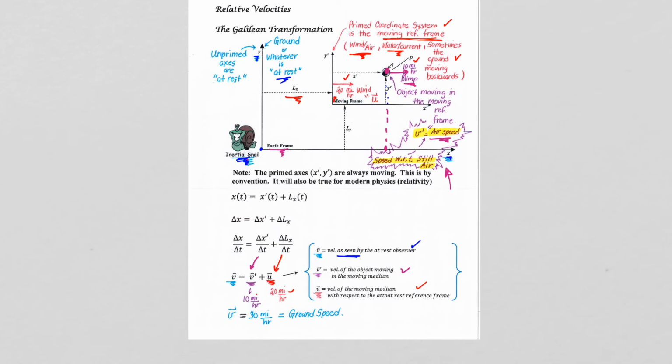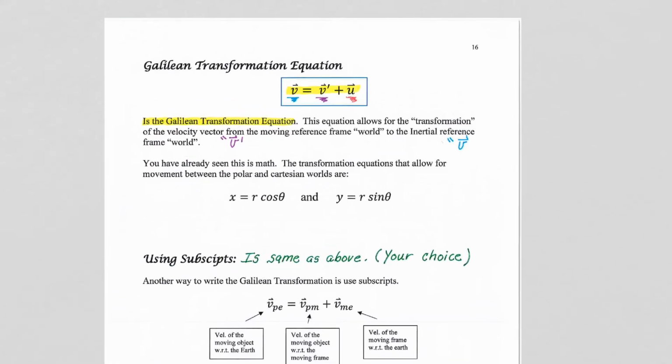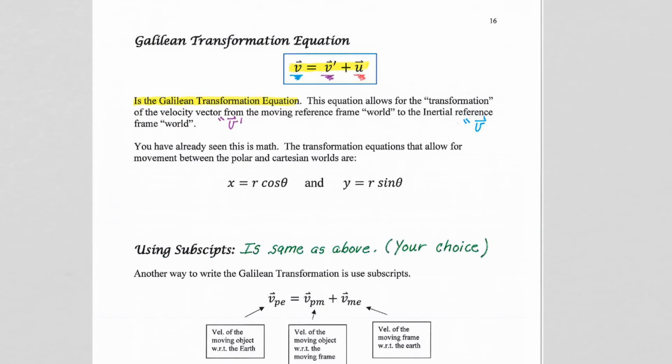Okay, so please make sure you get down what you need there, and we can and will talk more about this in class, but that gives you the basic idea. All right, so the Galilean transformation is this equation, v equals v prime plus u.